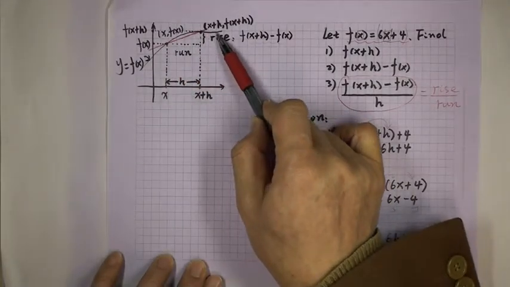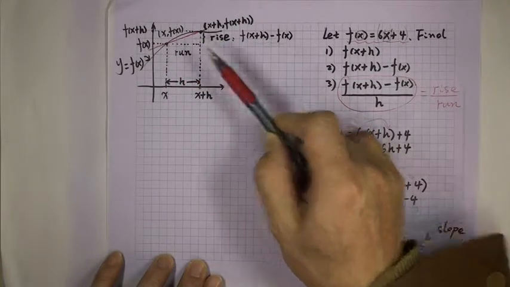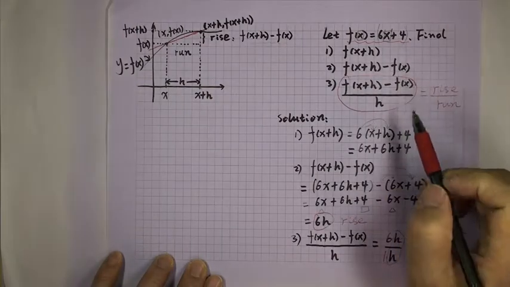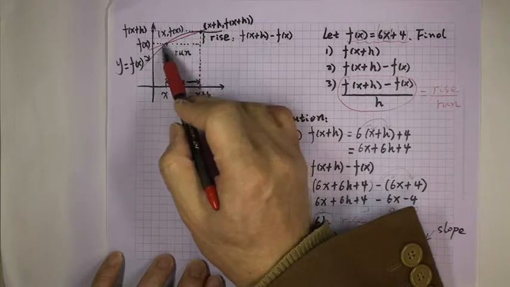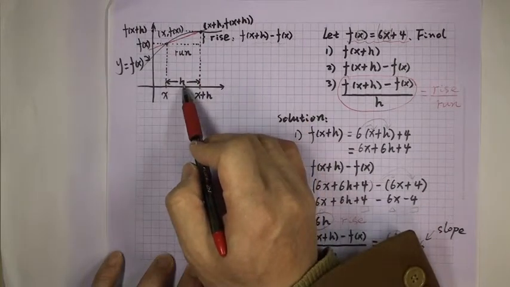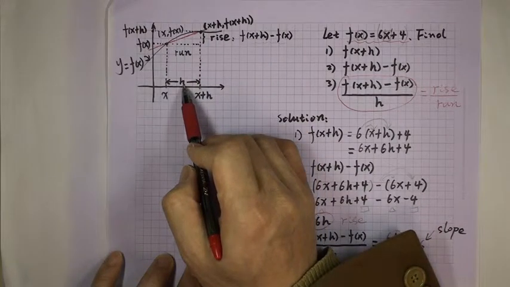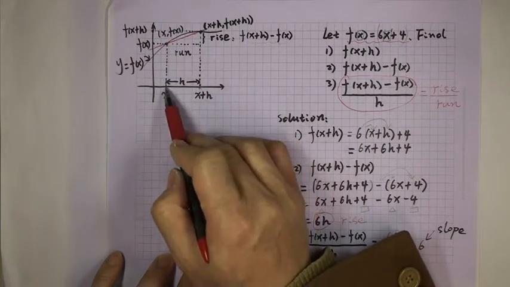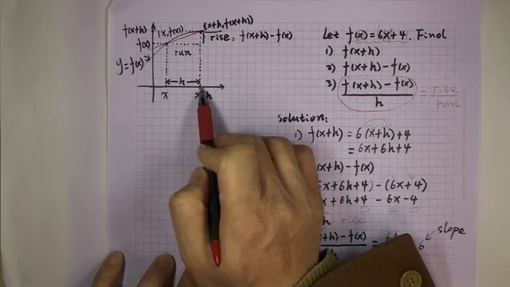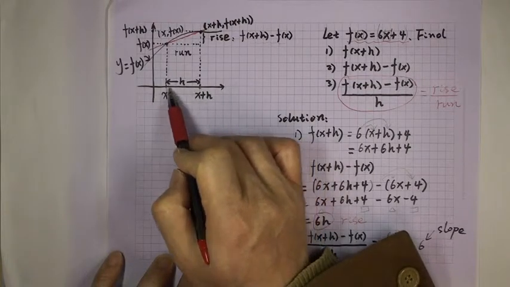Then again, in calculus, we need to calculate the rise over run when h gets smaller and smaller. If h is smaller, the distance between those two points gets smaller and smaller.